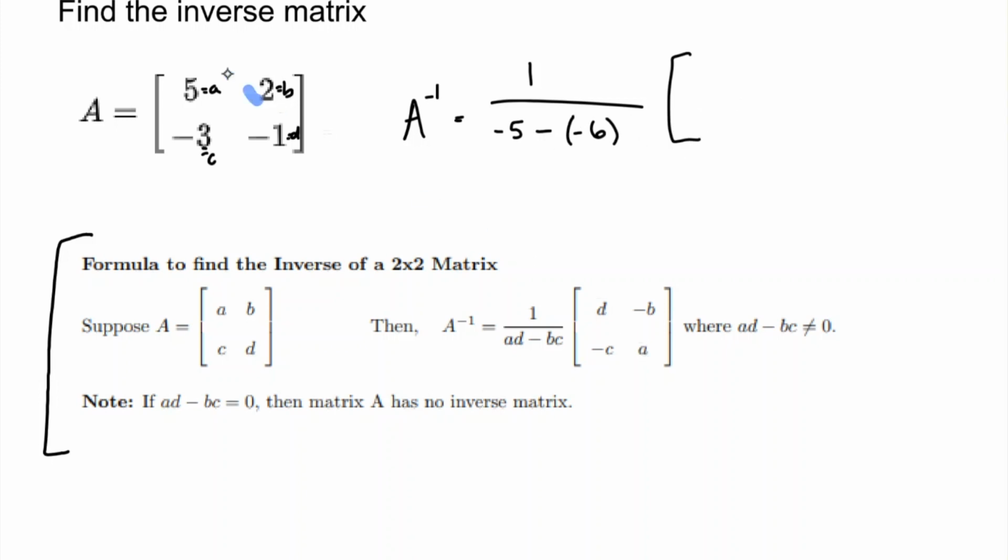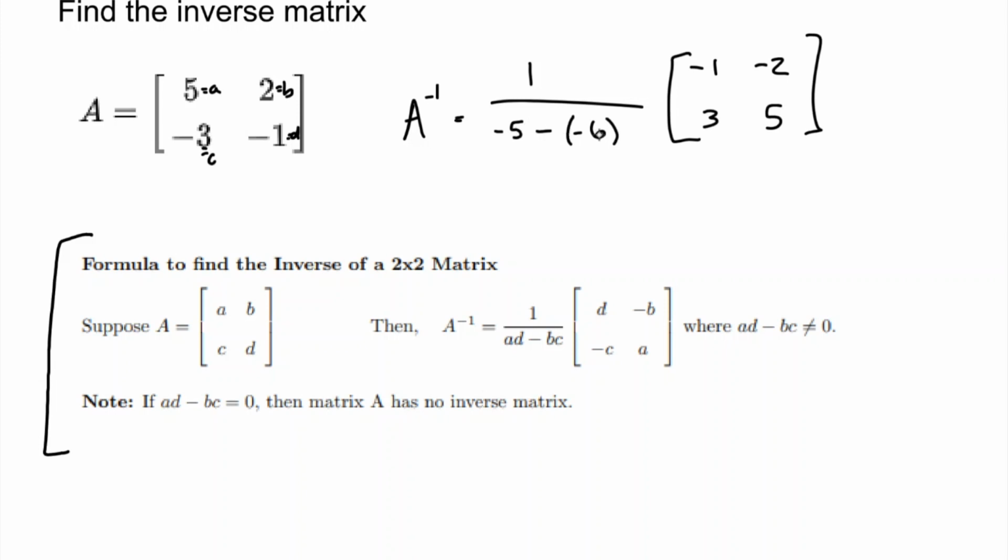The way I remember it is you switch the order of these. That's why D and A have switched positions from their original A and D. So negative 1, 5. And then the off diagonal stays in the same place, but do you see we now have negatives? So you negate what was there. So this was originally 2, now it's negative 2. This was negative 3, now it's 3.